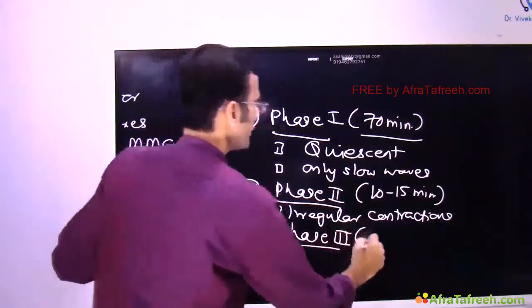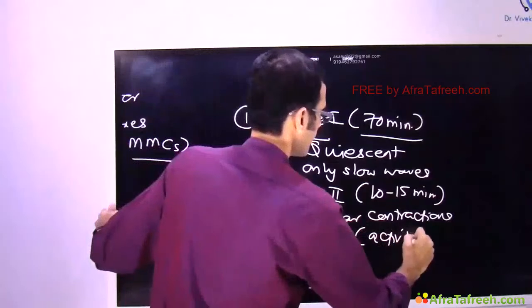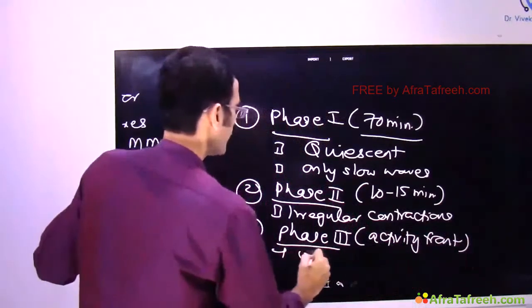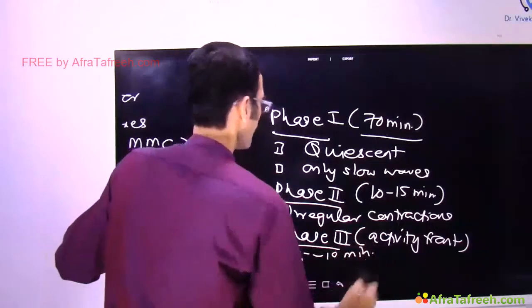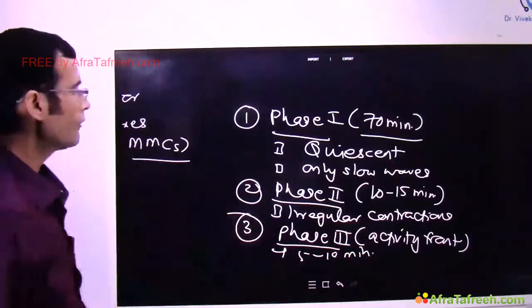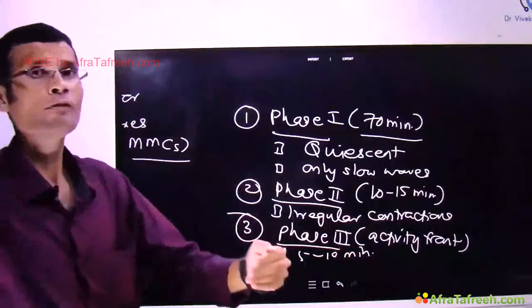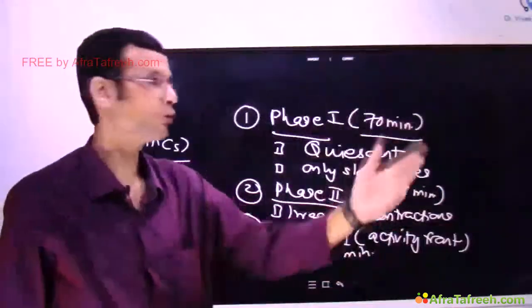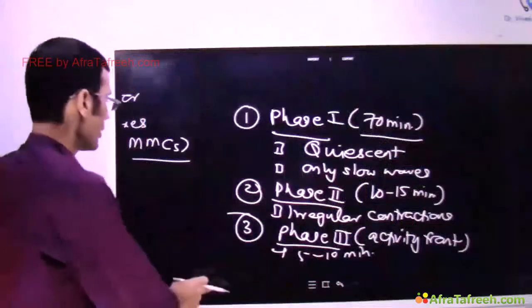And third phase, the phase 3, is called the activity front. This is for the last 5 to 10 minutes of the cycle. Activity front means each slow wave will be followed by contraction. There will be a slow wave, then the contraction, slow wave, contraction, contractile ring.